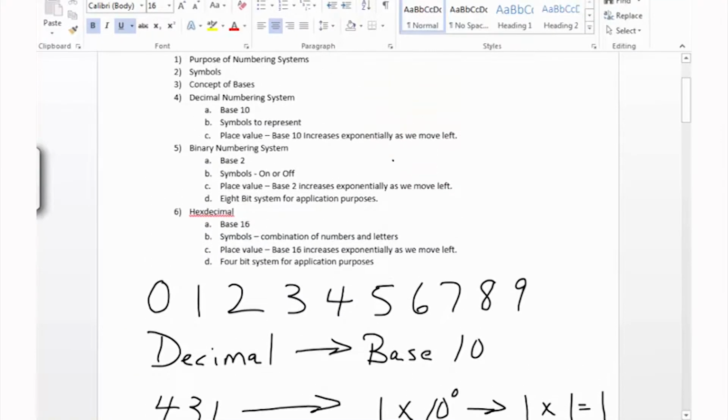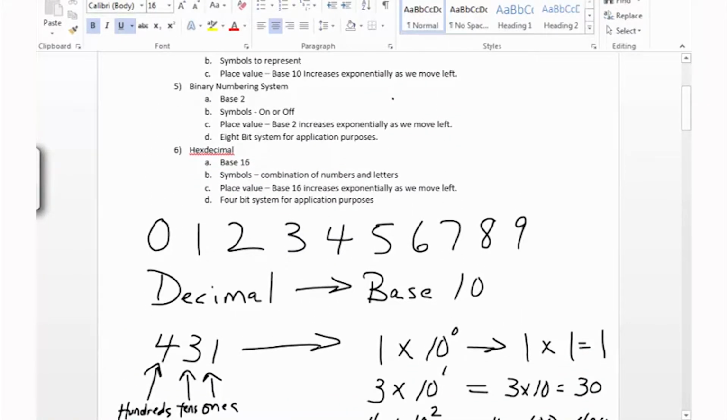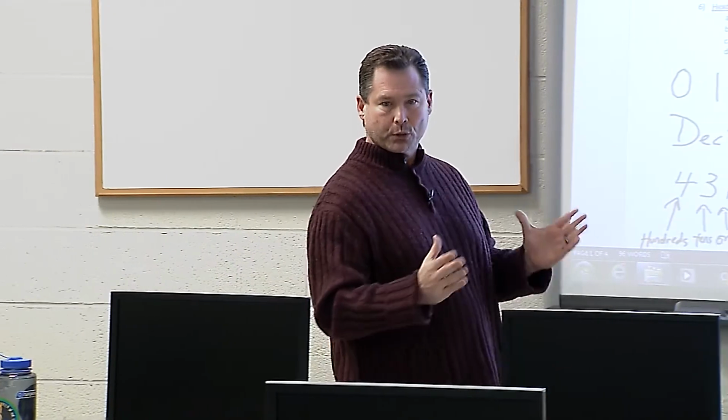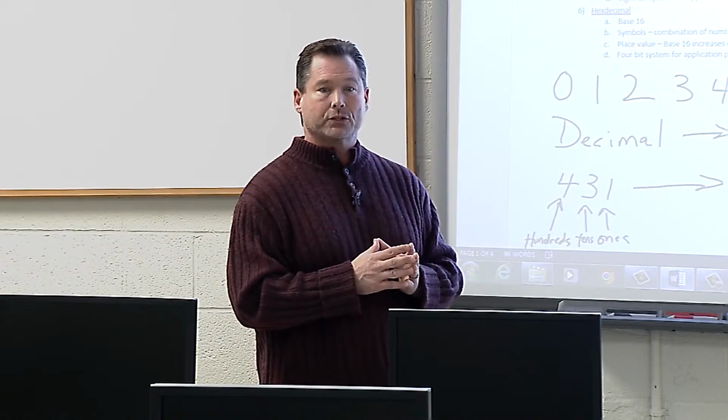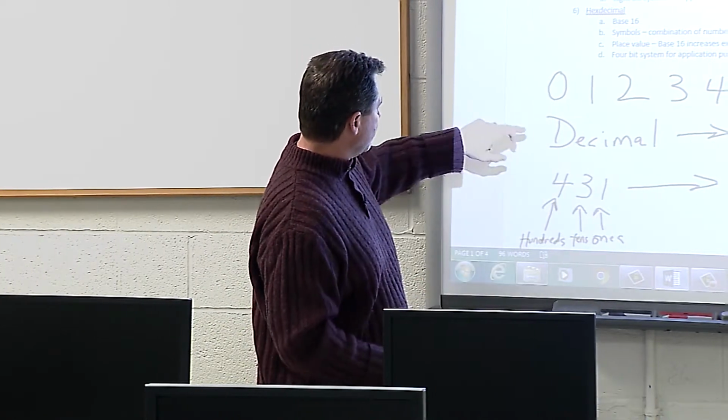Now, we're going to back up here a little bit. The binary numbering system is a system that we use very frequently in dealing with networking or computers, things like that. These are how computers operate internally, and I'm going to show you why that is.